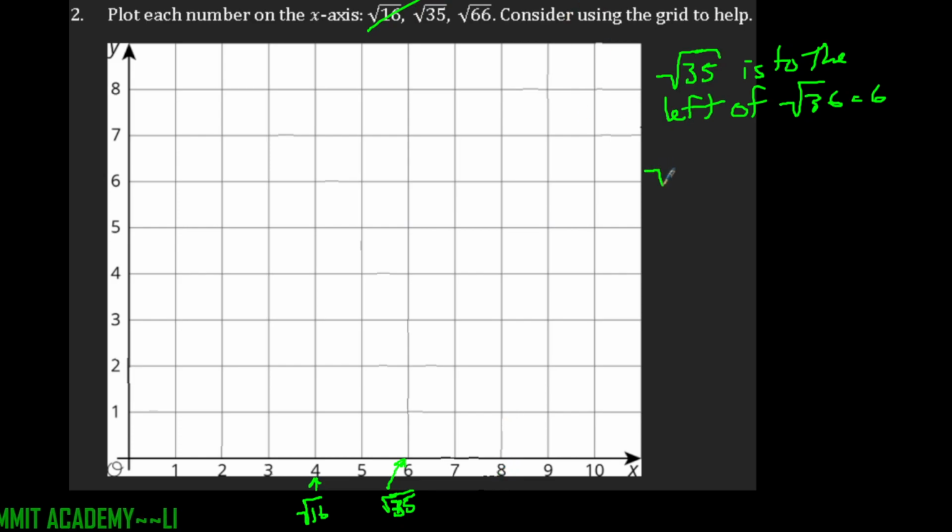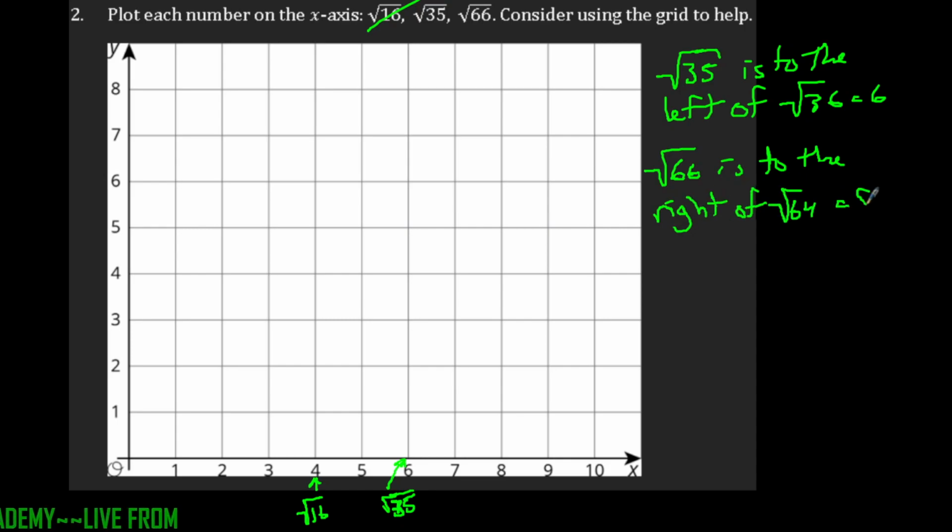So I know that the square root of 66 is to the right of the square root of 64, which equals 8. So it's going to be just to the right of that number there. So place those values on the number line. Again, use those perfect squares to help get you adjusted.